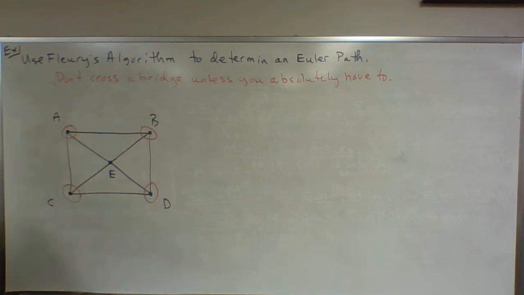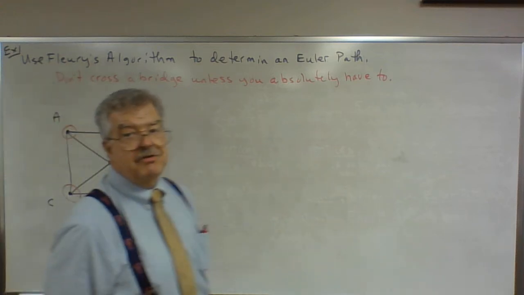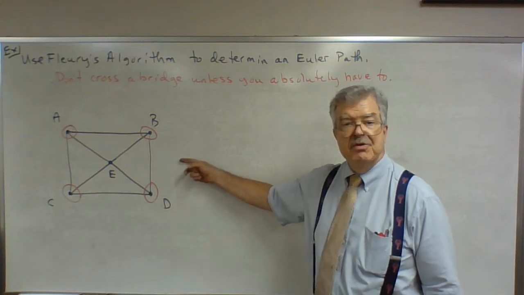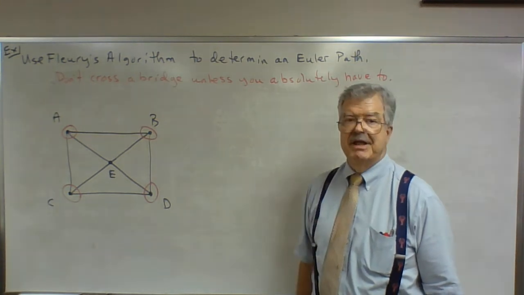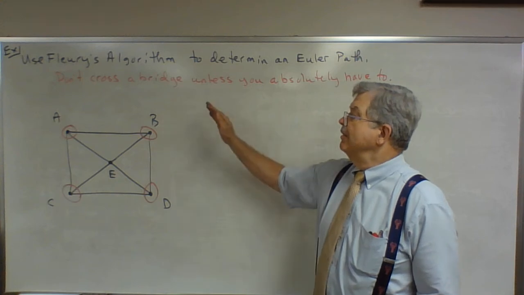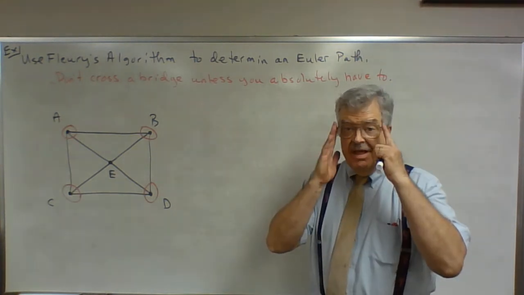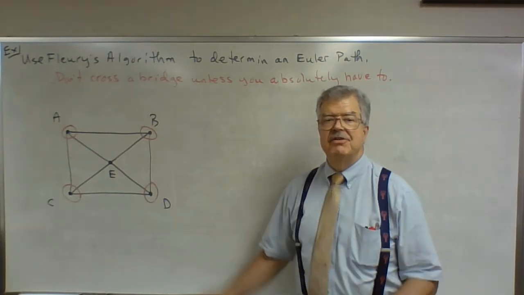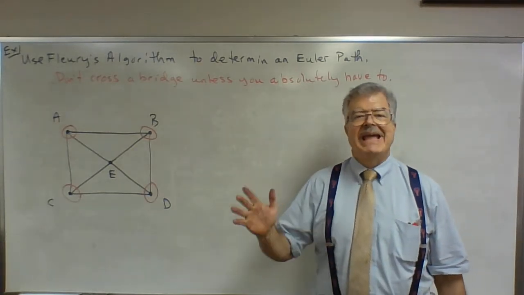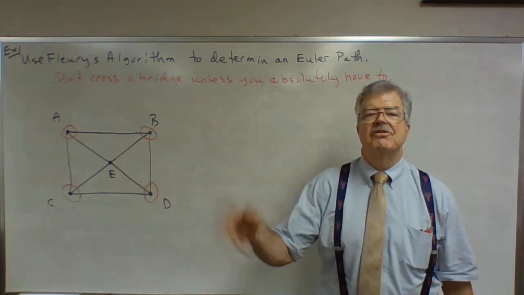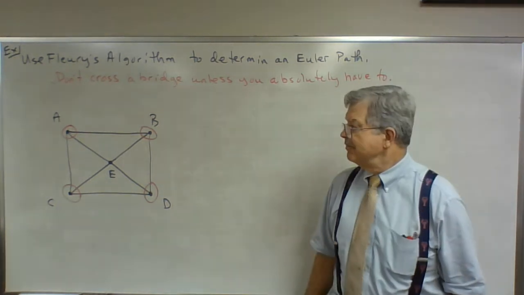With or without this algorithm, we're not going to be able to construct an Euler path because we have more than two vertices of odd degree. We can't construct an Euler path. If we have more than two vertices of odd degree, there ain't no Euler nothings. No Euler paths, no Euler circuits, no Euler nothings.